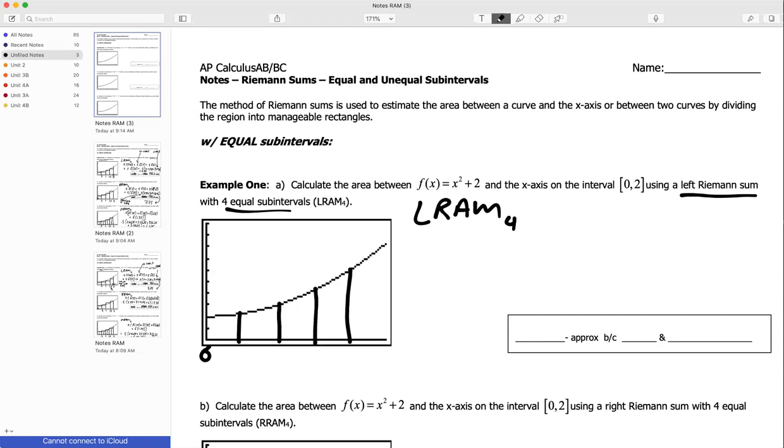So I'm going from 0 to 2. So that's going to be 1/2, and this will be 1.5. And this is a left Riemann sum, which means that the left side of my rectangle is on the curve. Okay, so it's going to look something like this.